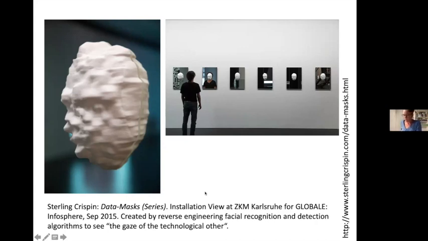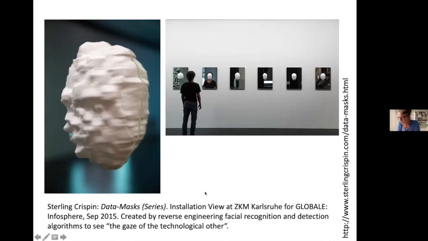Instead, I want to bring into sight this project by artist Sterling Crispin. This was an installation, for example, you could see it in Karlsruhe some years ago, using reverse engineering.